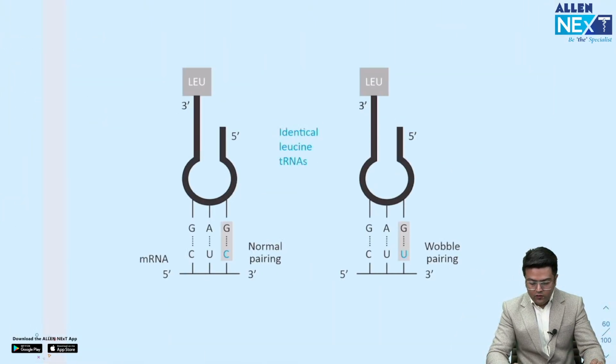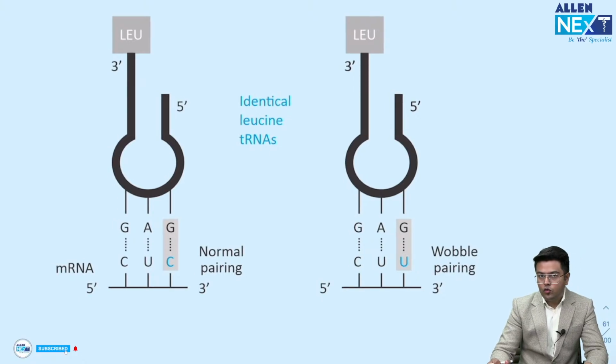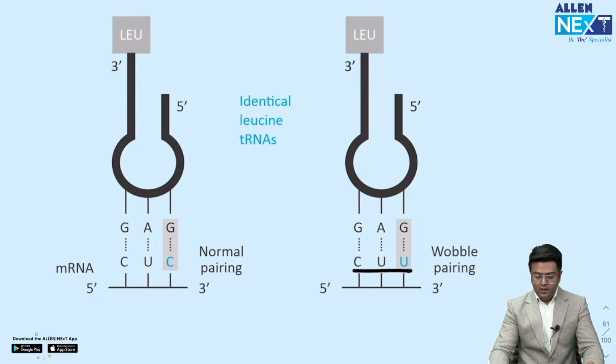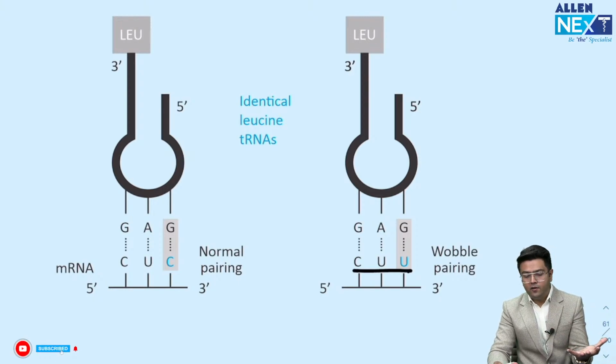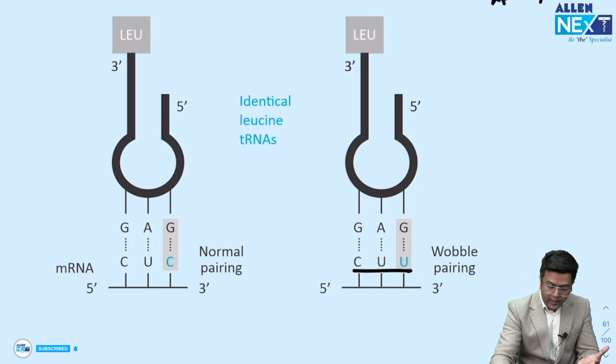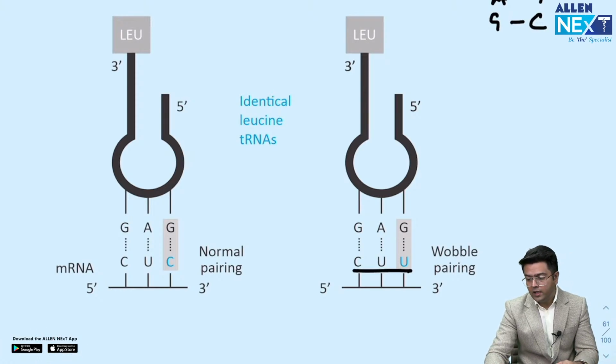Let me explain the wobble hypothesis, guys, with this figure. For example, these are the 2 codons which code for leucine, CUC and CUU, right? So where is the wobbling happening? Wobbling means imprecise base pairing. As per Watson and Crick, A should bind with T and G should bind with C. That is called Watson and Crick base pairing.